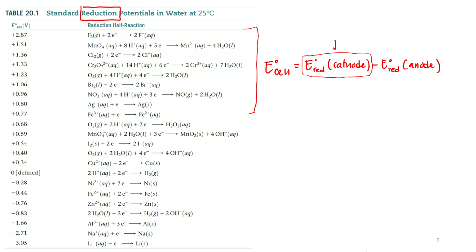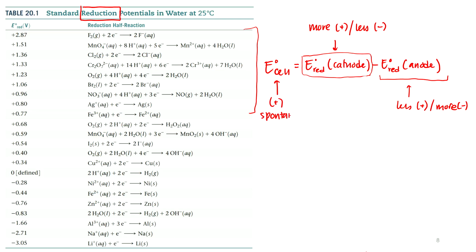So we want this to have the more positive, or if we're looking at 2 negatives, the less negative value. And this will be the less positive or the more negative value. Doing that will ensure that the standard cell potential is positive and that it's a spontaneous process.